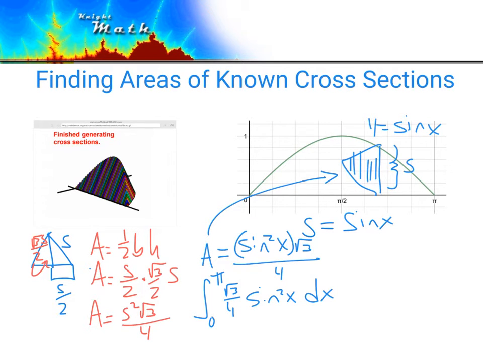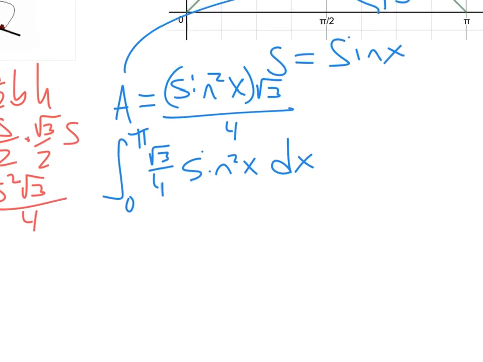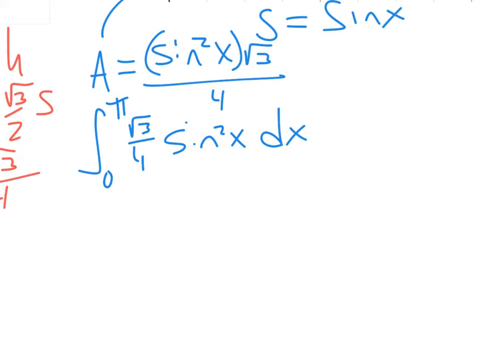So now we've got to use some trig substitution. This sine squared is not a super easy one here, all right? So let's get that square root of 3 over 4 out of there to start, okay? And what we're going to do is substitute here. Now let me do a little side work. For sine squared, we have this reduction formula.